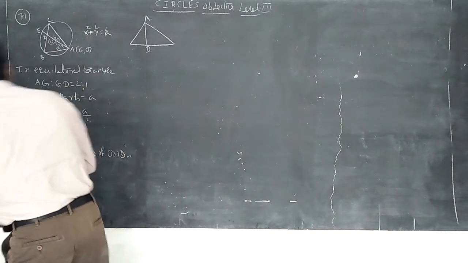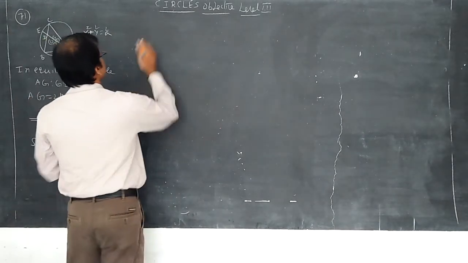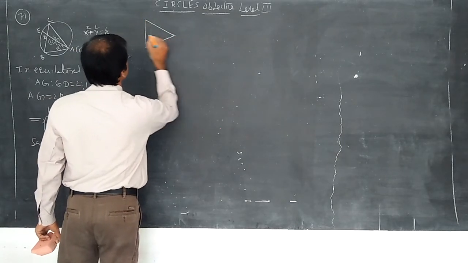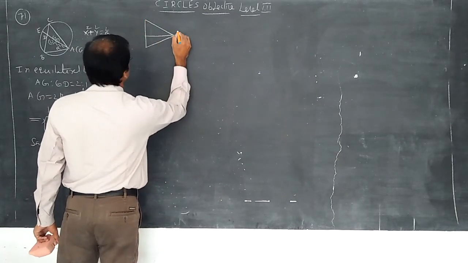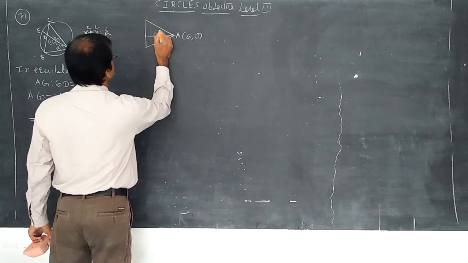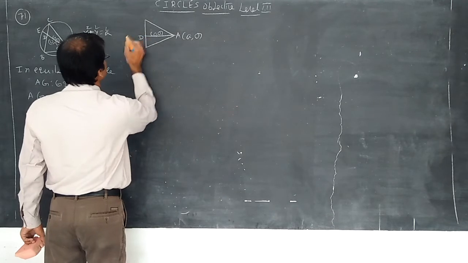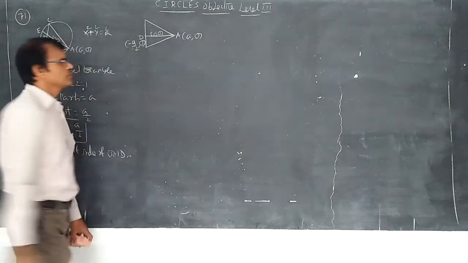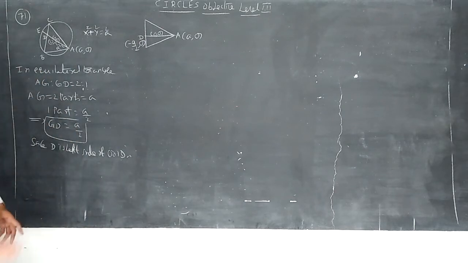Otherwise, in another way, draw like this. Put A here. This is a comma 0, and this is the point G. This is the negative side, so whenever it is on the negative side, you can put minus a by 2 comma 0.